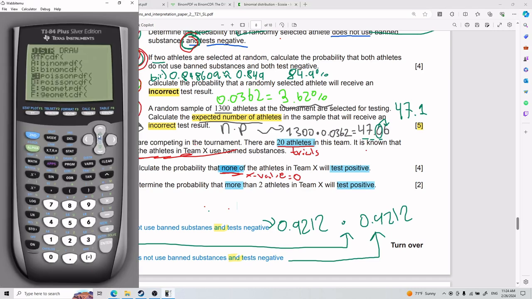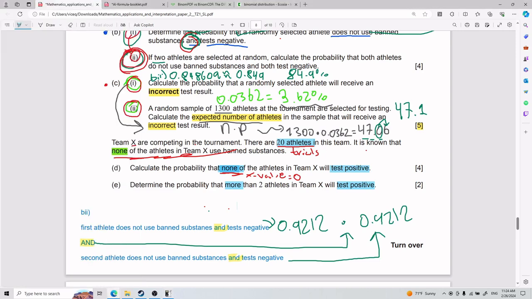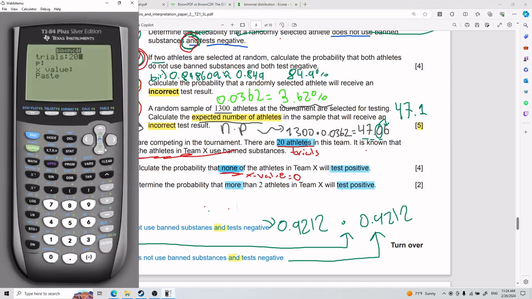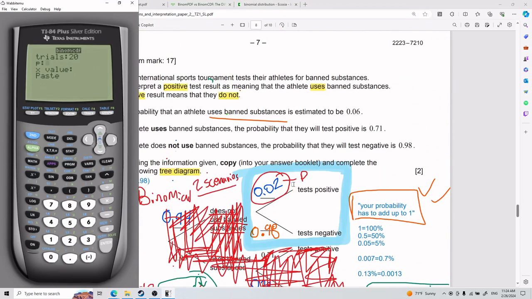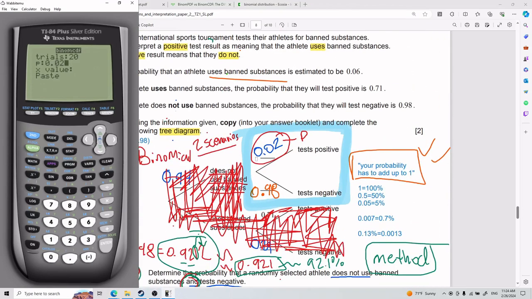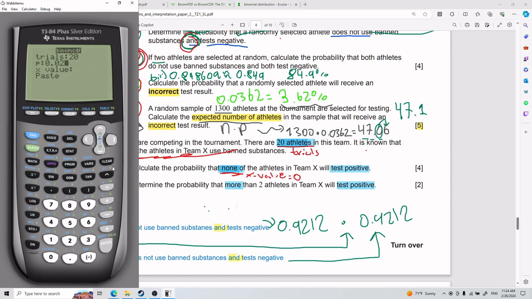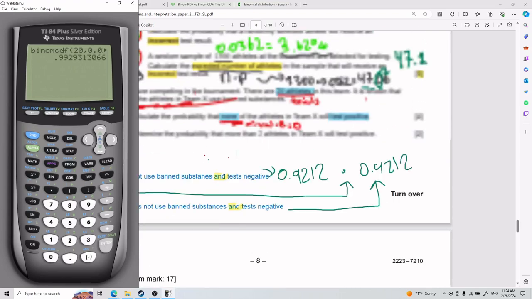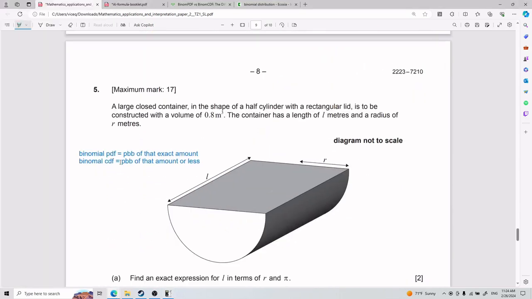I can go to my distribution. I can put the amount of trials, which is 20, because I still have 20 athletes, ¿cierto? That hasn't changed. The probability for testing positive, we said, was 0.02. Okay, cool. And it's more than 2, right? So if I put 2 here, what this gives me, actually, because it's the world of CDF, it's the probability of that amount or less.